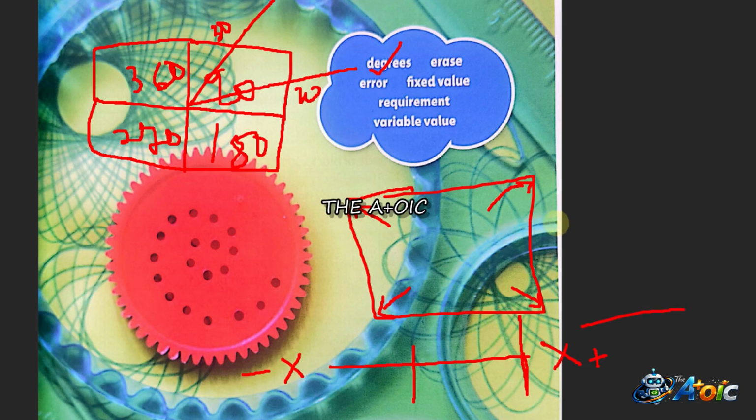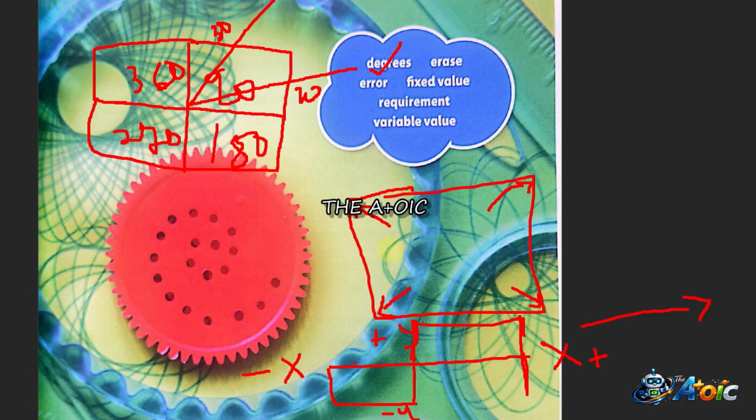And then we also have the y-axis. This is the positive y-axis and then the negative y-axis. Anything within this side is positive, and anything within this side is negative, right? Have a look at that.